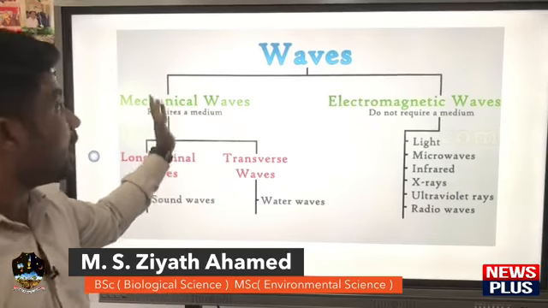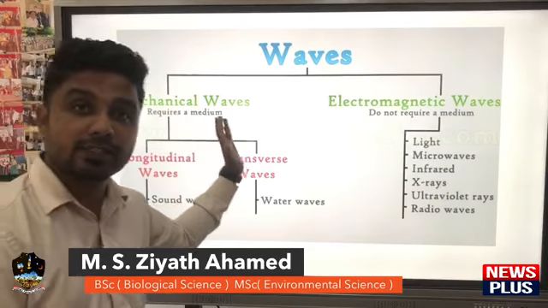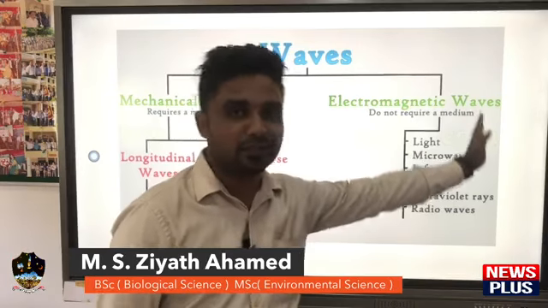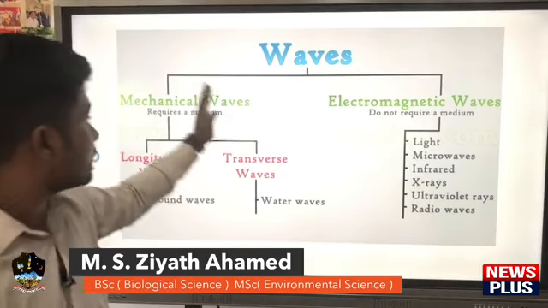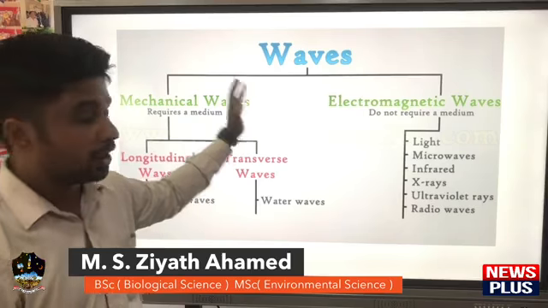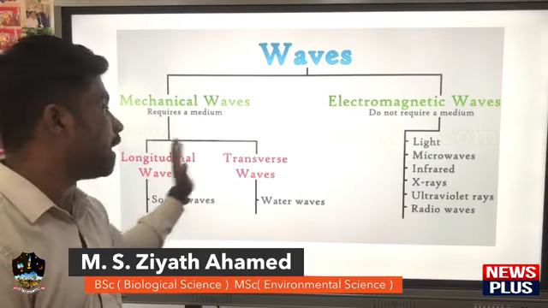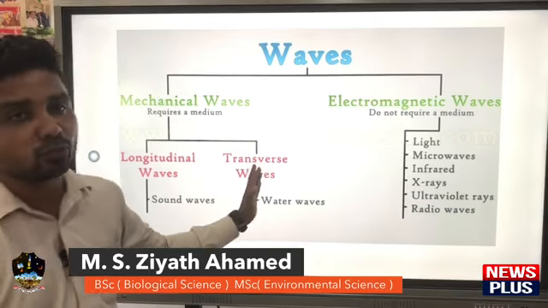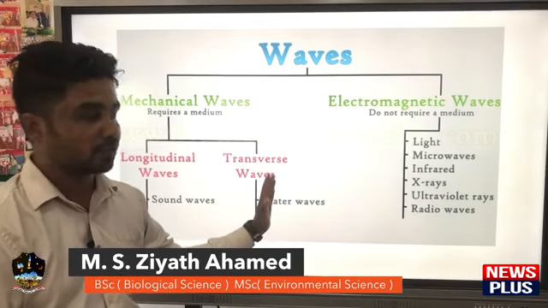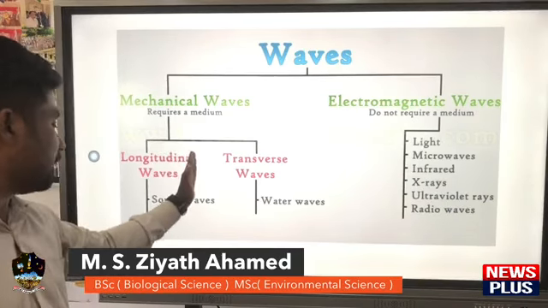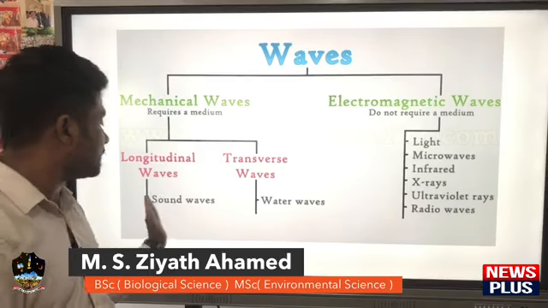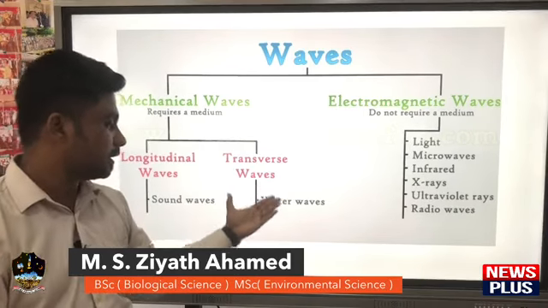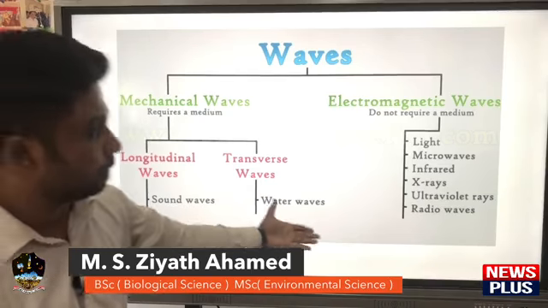So let's look at waves now. There are 2 types of waves: mechanical waves and electromagnetic waves. And mechanical waves can be divided into 2 parts: longitudinal waves and transverse waves. An example of a longitudinal wave is the sound wave, and for transverse waves, the water wave.